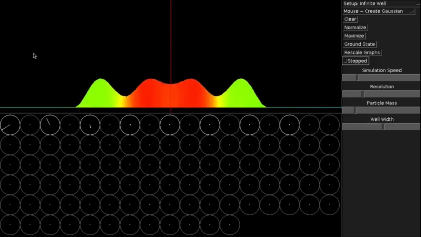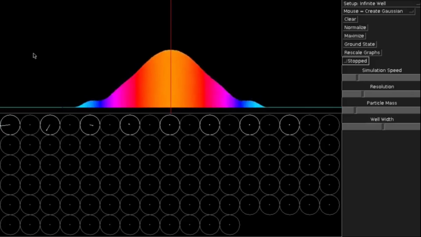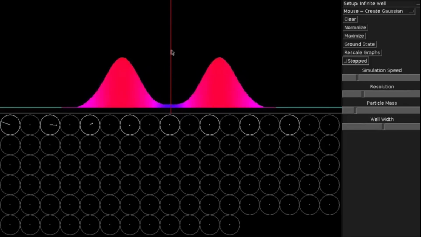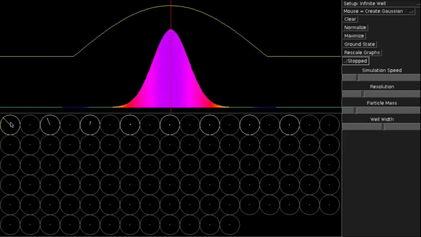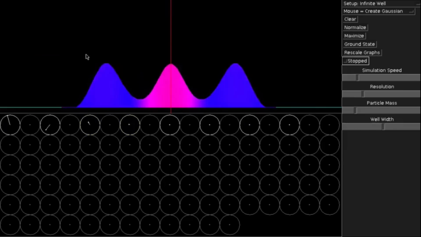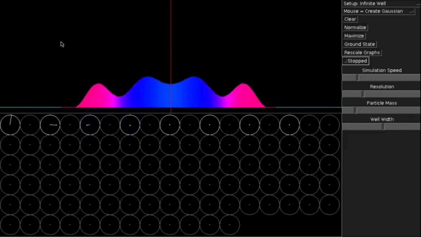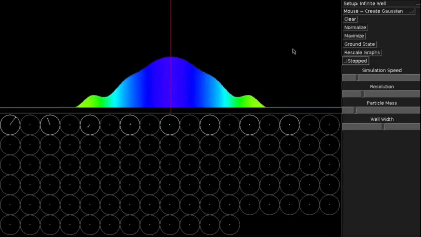Since our initial conditions were symmetric, there's no reason to expect the expected value to ever be non-zero, ever move away from the center of this well. But as your, say, psi 1, psi 3, psi 5, psi 7, etc., oscillate at their own rates in time, the superposition results in a relatively complicated dynamics for the overall probability density.